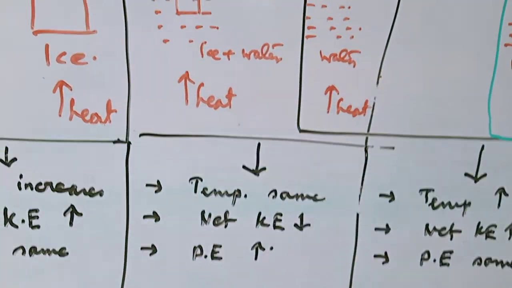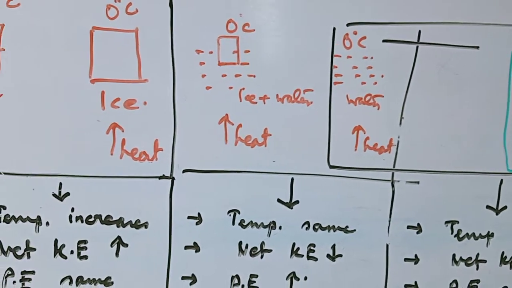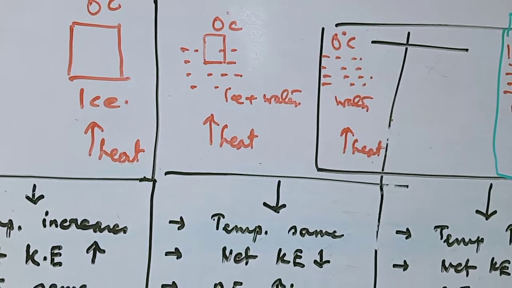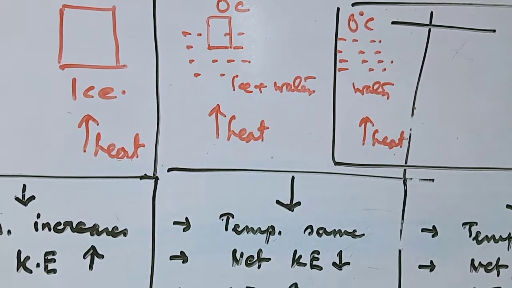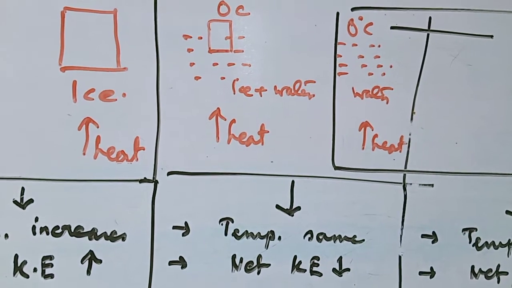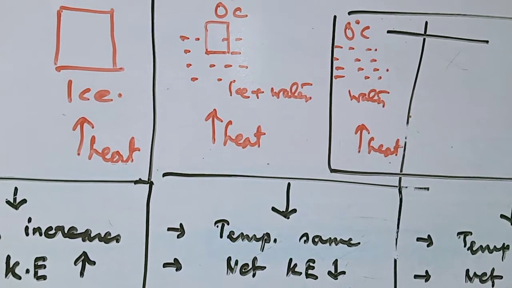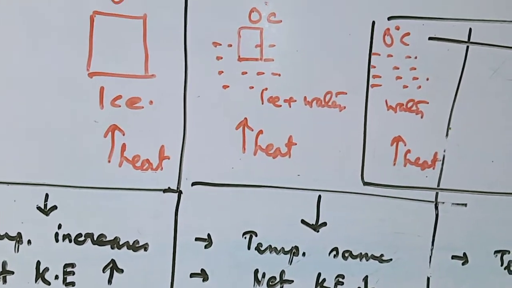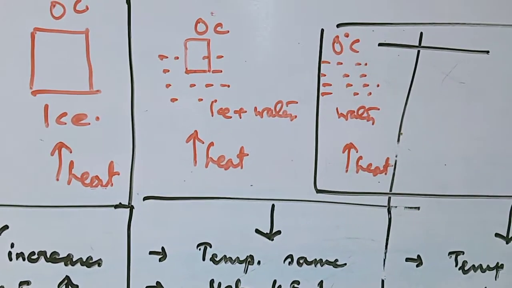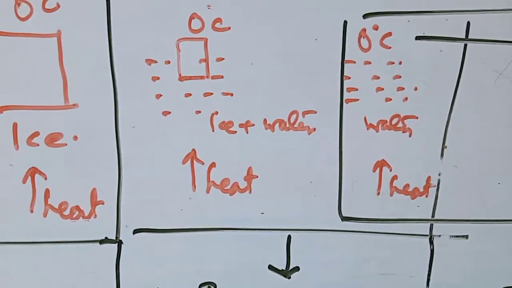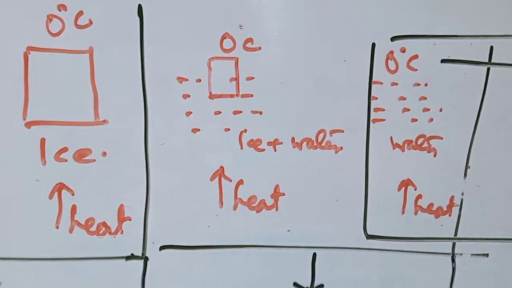You should remember that during the entire change of state from ice to water, the temperature remains the same, at the melting point. Net kinetic energy remains the same. Some molecules may gain kinetic energy, some may lose kinetic energy, but the net change will be 0. But the potential energy increases because it has gone from the solid to the liquid state. Now, what is the quantum of heat required to convert ice to water completely?